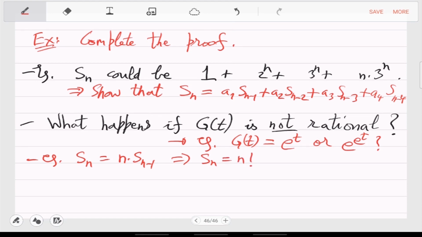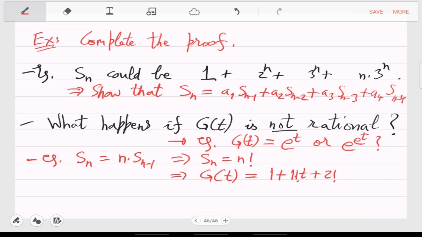And now if you see the generating function of this, it's very complicated. You will not be able to simplify it. So the G(t) of this is 1 plus 1t plus 2 factorial.